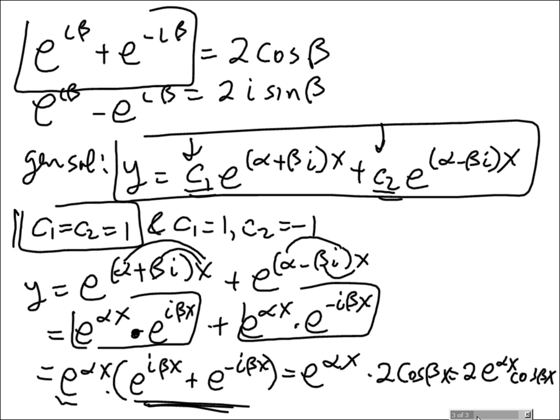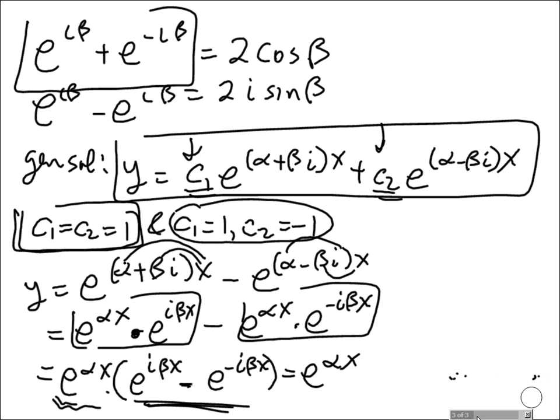So that's when I did this. Well, now what if c1 is still 1, but c2 is negative 1? That means this would just be negative. And the line below would be negative. Follow it through. Make sure you believe that. And then when I factor out the e to the ax, that will be negative. And there's e to the ax at the far bottom right here.